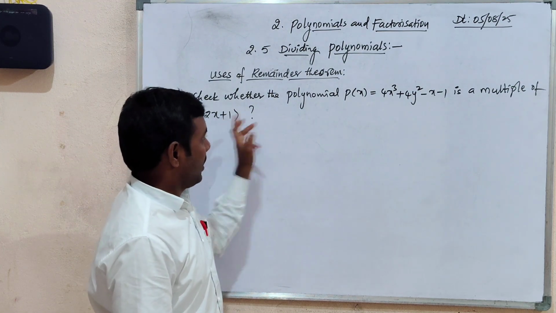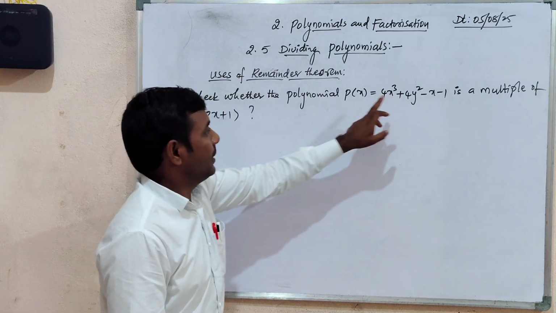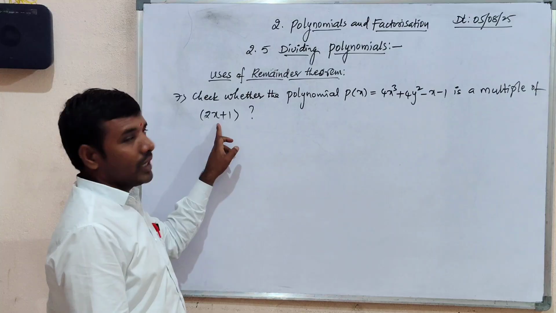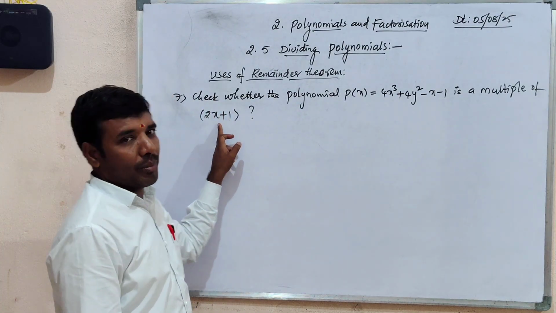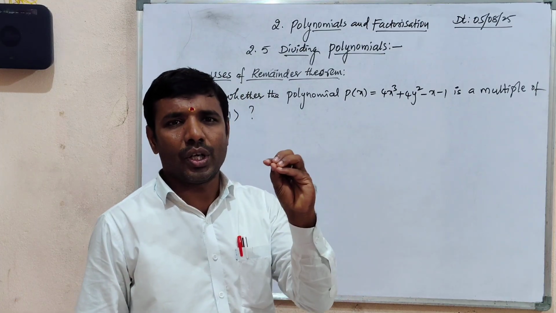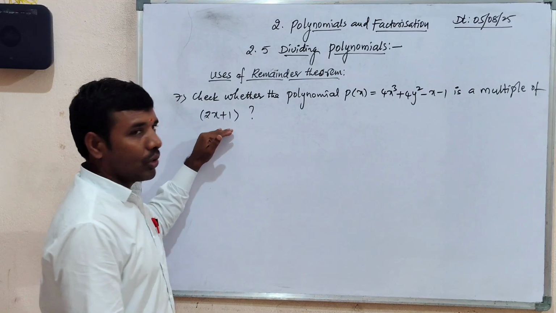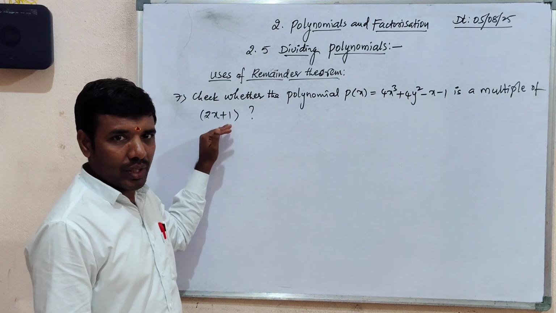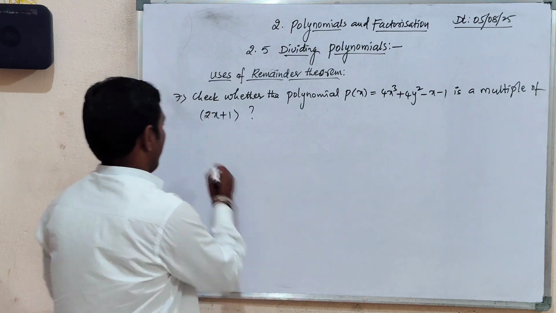If it is a multiple of this, definitely it is exactly divisible by this. Nothing but when it is divided with this, the remainder should be 0. Ultimately, through the remainder we can find it. Whether it is a multiple of this or not, we can decide through the remainder. Right? Let us see the answer.